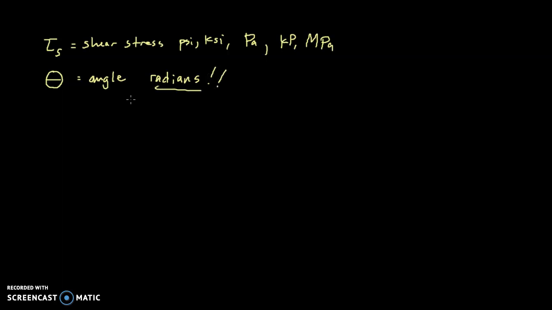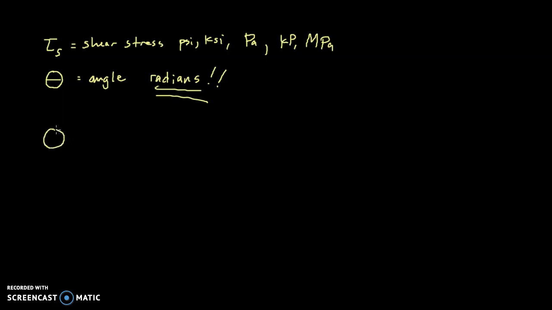So it needs to be in radians for our formulas to work. However, most measuring devices that an engineer would use to measure an angle are going to be in degrees. So for communication purposes, we're going to want to describe angles in degrees, but when we plug into formulas, it has to be radians, otherwise the formula does not work.